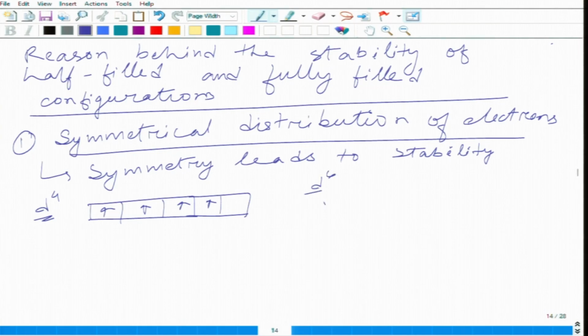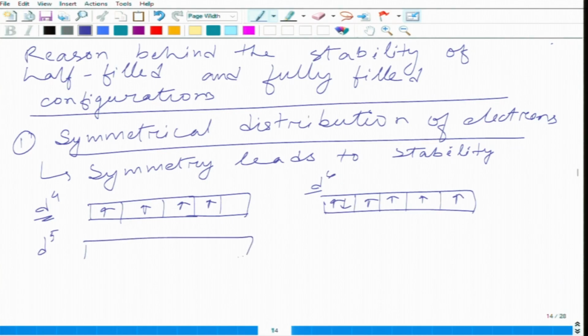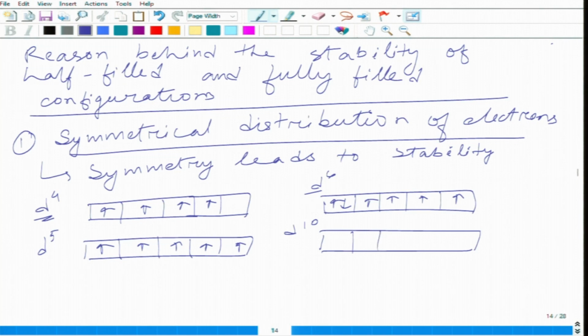If we have d6, then we have a configuration like this. But for d5, we see a configuration like this, and for d10, we have a configuration like this.